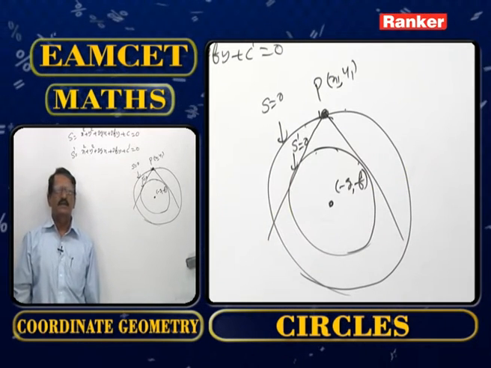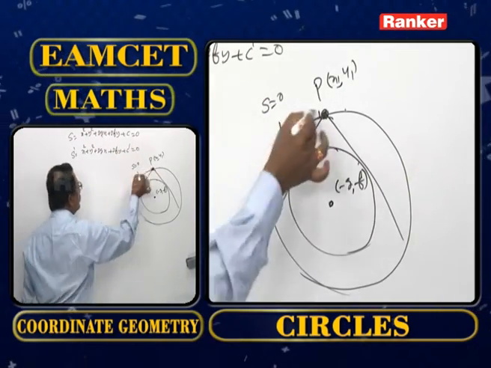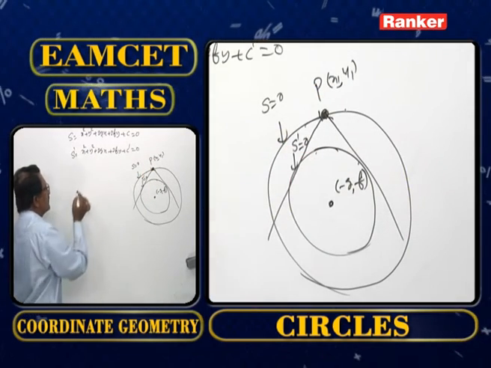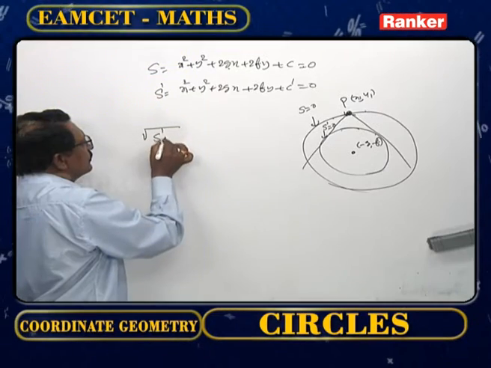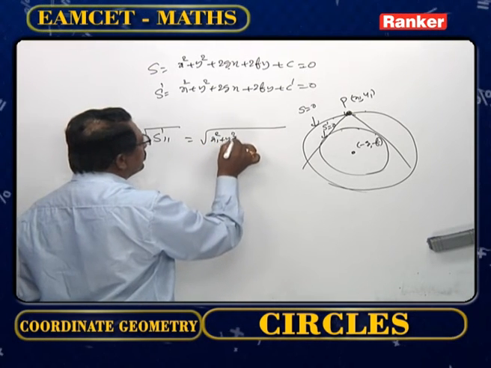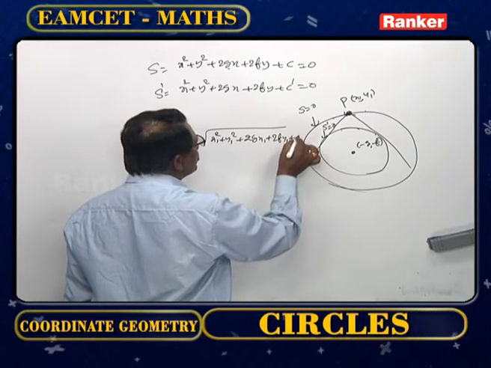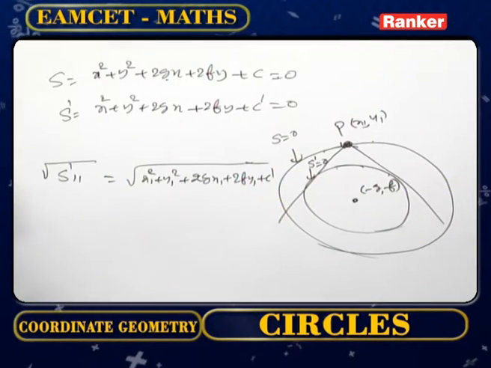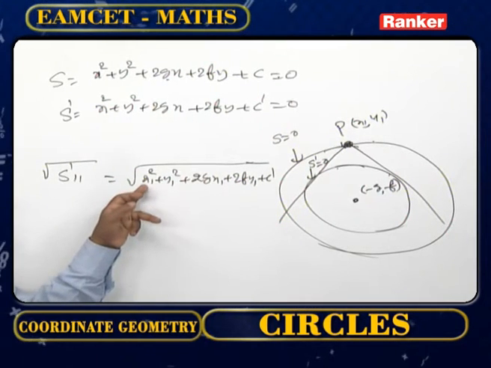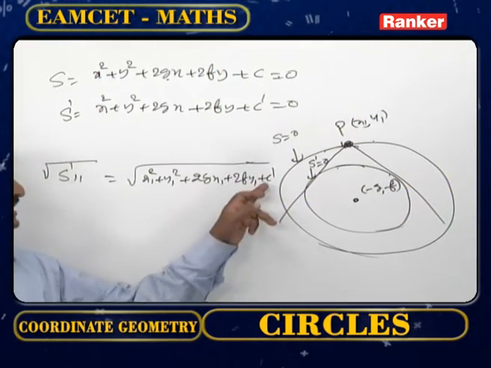The length of the tangent from x1, y1 to the second circle equals root of S dash 1 1, that equals the square root of x1 square plus y1 square plus 2g x1 plus 2f y1 plus c dash.